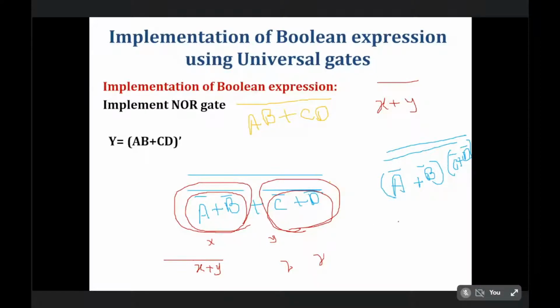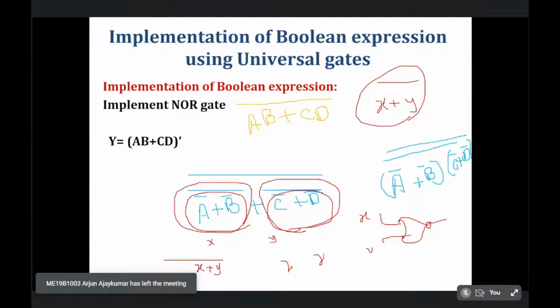So we can implement this x plus y bar with the use of one NOR gate, with x and y inside here. This is the capital Y.